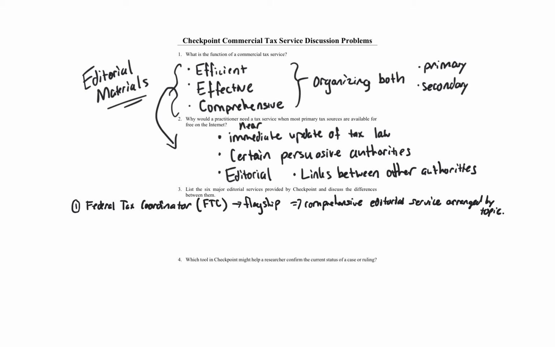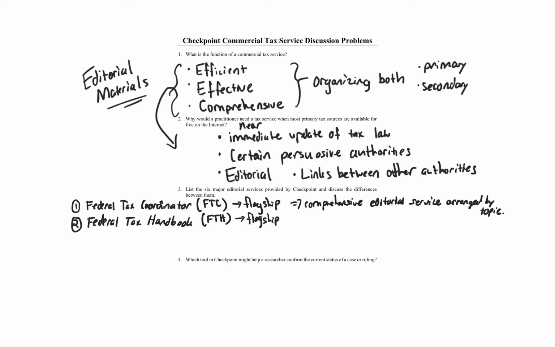Okay, the second one I want to mention is the other flagship, and this one's a similar name. It's the Federal Tax Handbook, also known as the FTH. So these are only available in Checkpoint. They are the Checkpoint specific editorial materials.